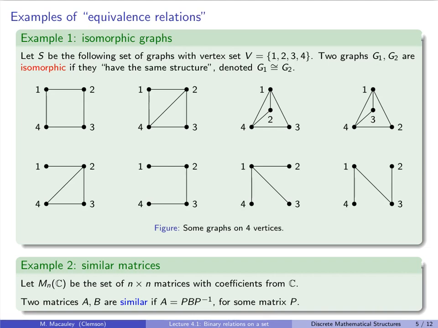In a more advanced class, you might learn that two matrices being similar actually means that they represent the same linear map or linear transformation, just with respect to a different basis. Okay, so once again, like we did with graphs, with matrices, if we have a matrix A, we can define the similarity class to be the set of all matrices B that are similar to A.